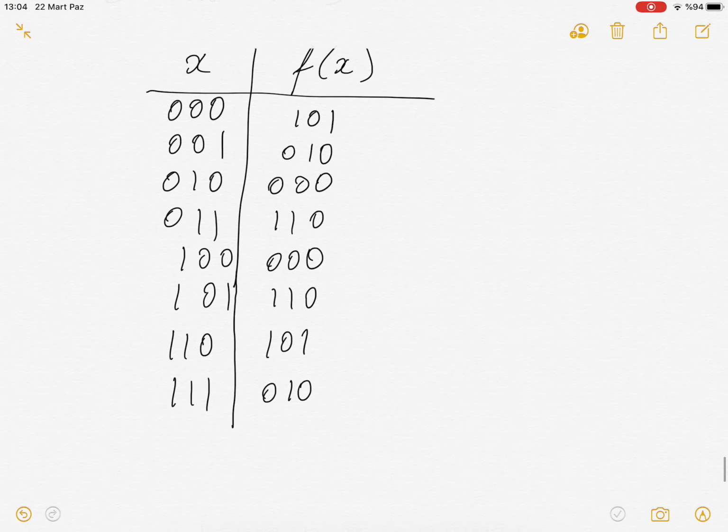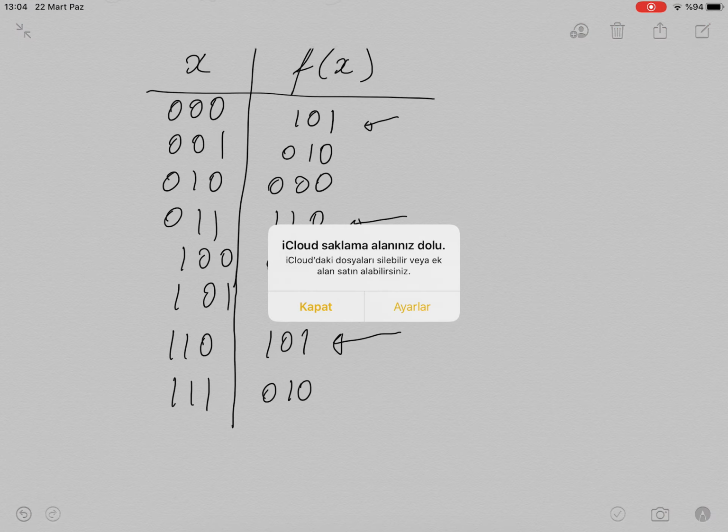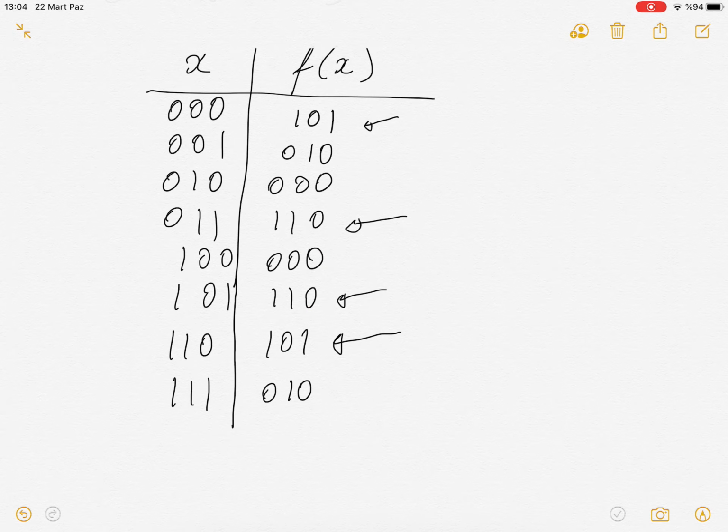Now, in this case, you can see that each output of f occurs twice. So it's a 2-to-1 function. For instance, 101 appears twice, and 110 appears twice. In this case, you may see that s is in fact equal to 110. Why?